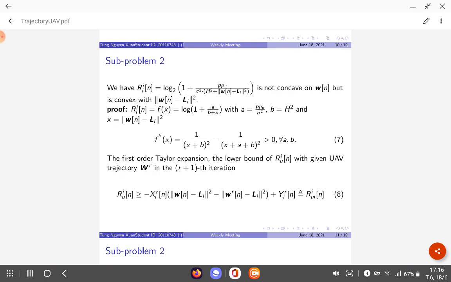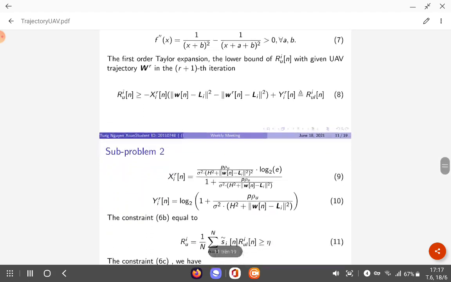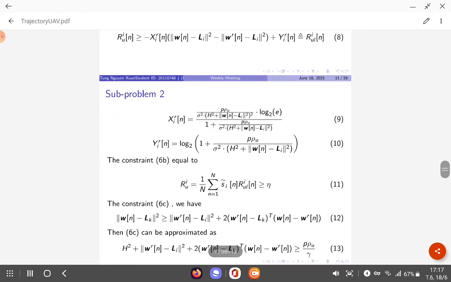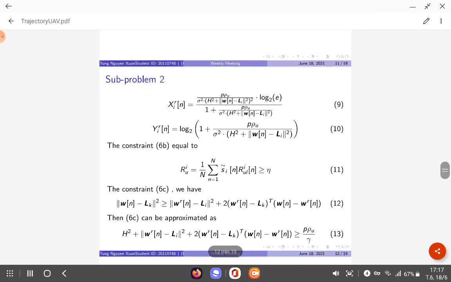I apply the first order Taylor expansion. The achievable rate of user X will be represented by inequality 8, with X and Y represented by equations 9 and 10.